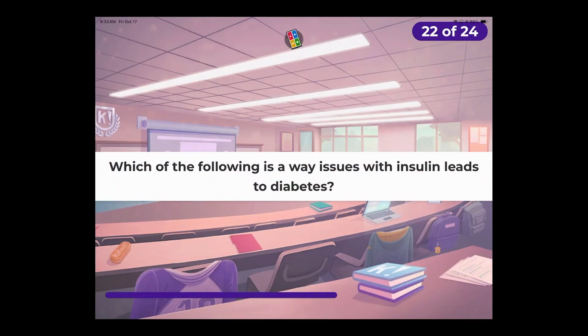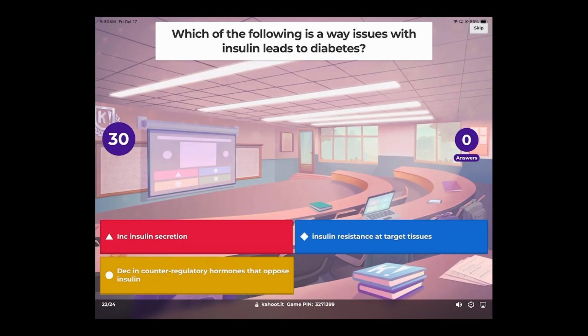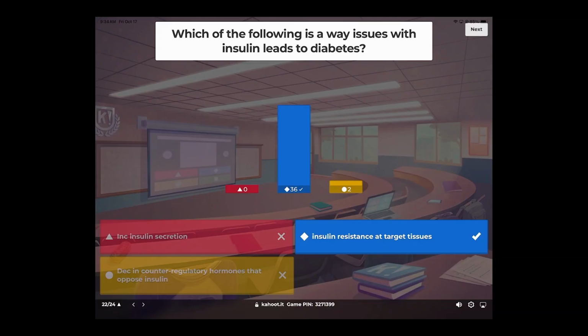Which of the following ways that issues with insulin lead to diabetes? Very good. Insulin resistance starts the diabetes, or the way insulin problems lead to it.